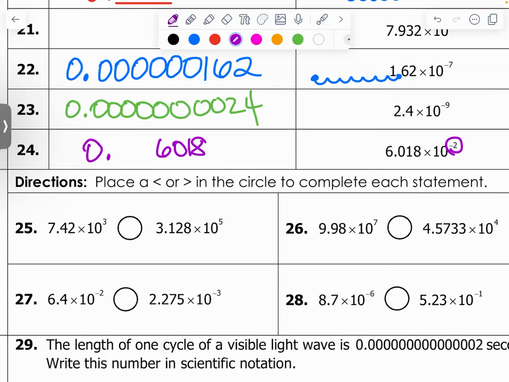So I like the 6018, but I don't know if I love the 2 zeros. Okay, when we move 1, 2 times, we only have 1 blank spot to fill. Now, do you agree with Jacob's answer?